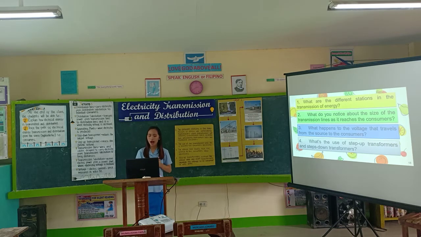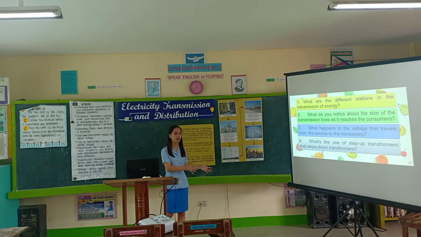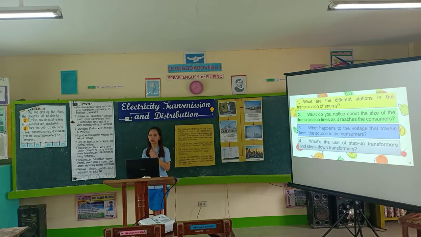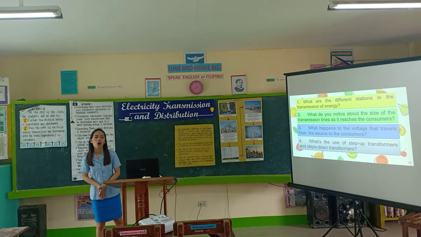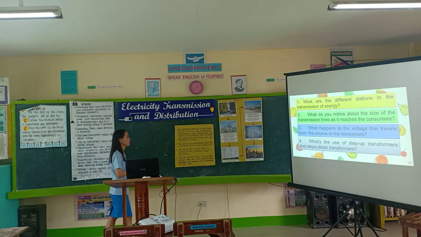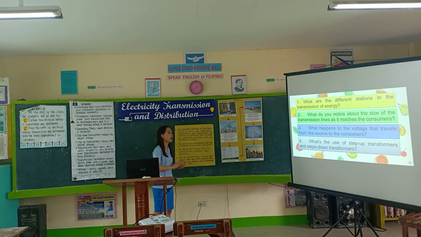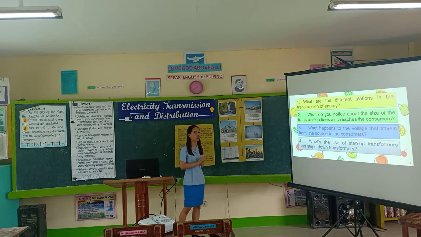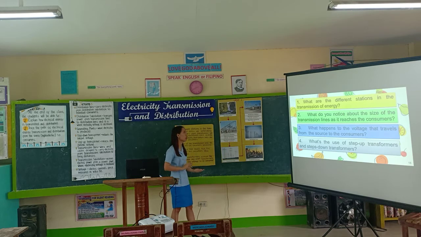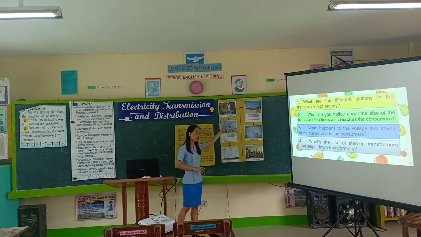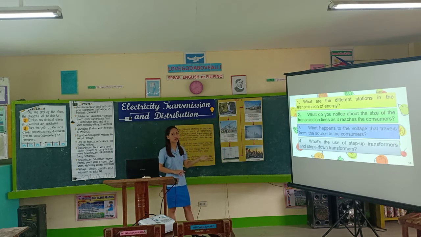Now again, how is electricity transmitted and distributed from a power plant to the consumer? Okay, so electricity is transmitted and distributed from a power plant to a consumer by these processes. First, we have the generating station, wherein the electricity will be generated and produced.